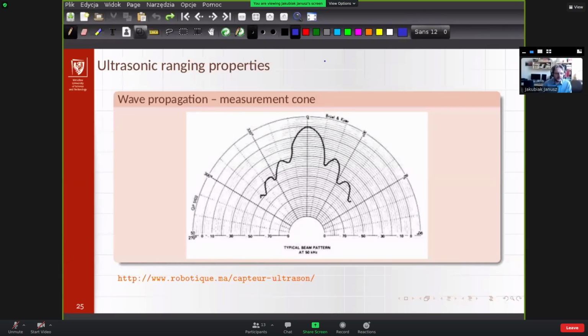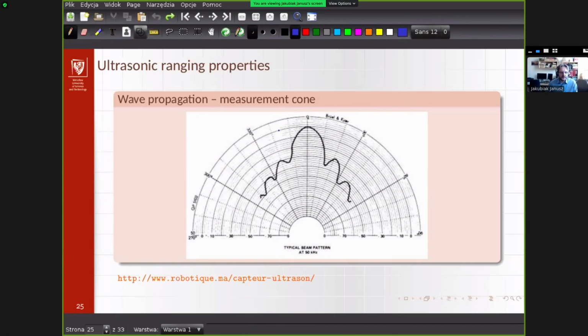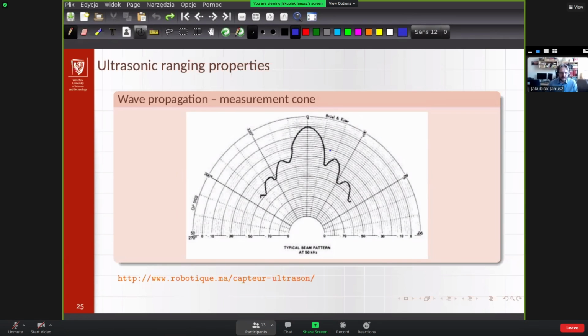The last lecture was about sonars and more or less about this picture, showing the directions, how the energy is emitted.